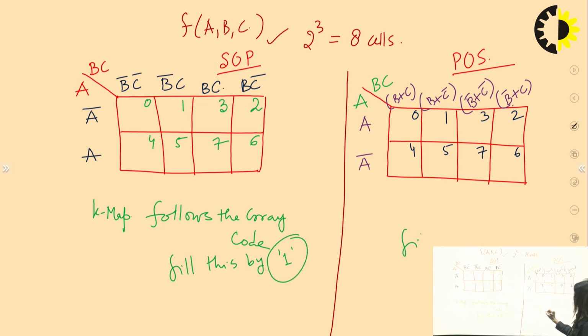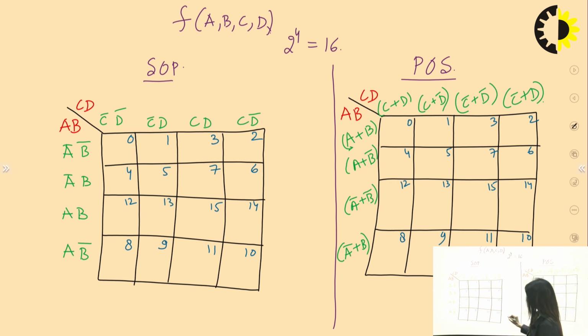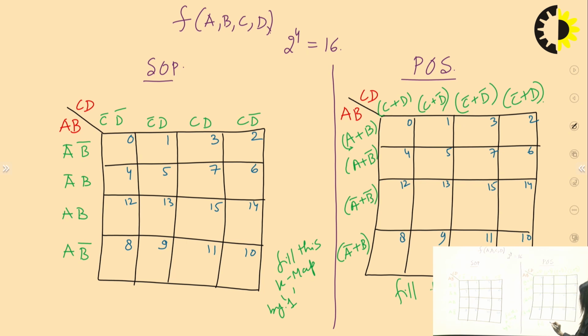Fill this by 0. For an SOP problem, fill this K-map by ones. Fill this by 0. Okay. So this is how you have to remember the K-maps, 2 variable, 3 variable and 4 variable.